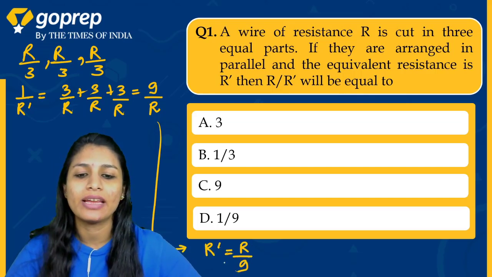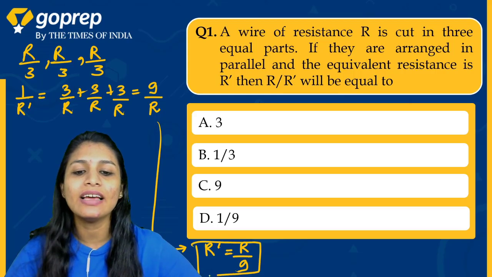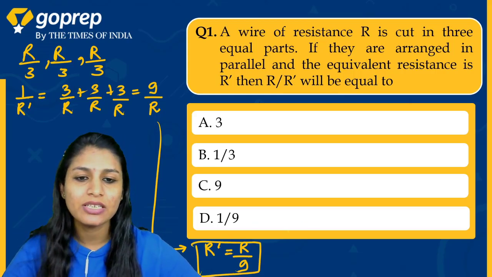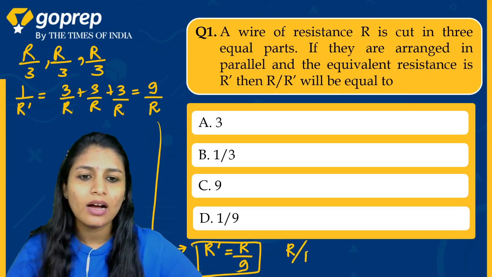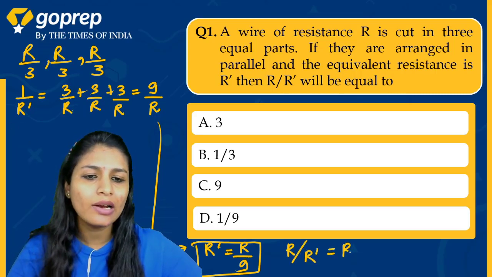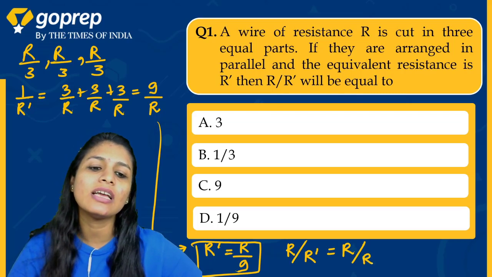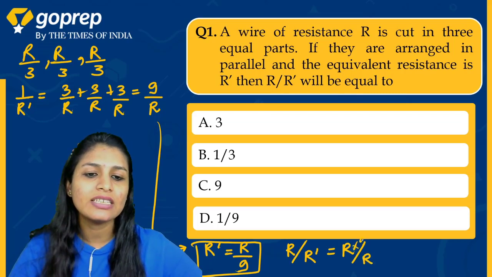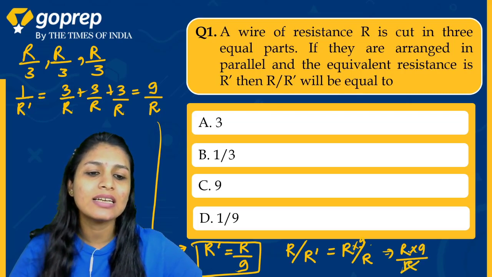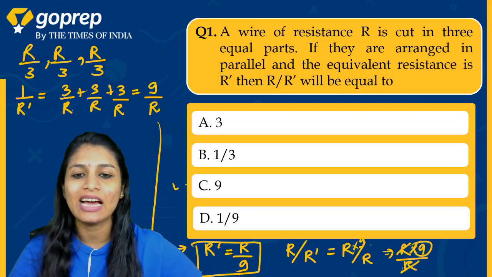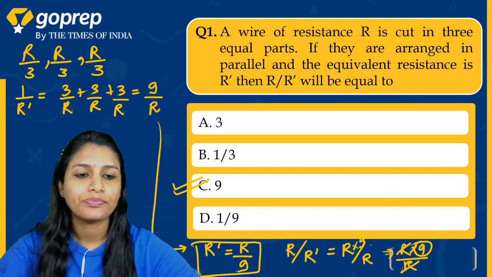R upon 9. हमें रेशियो किसका निकालना है? R upon R dash की वैल्यू कितनी? R upon 9. तो 9 चला जाएगा ऊपर, मतलब R into 9 by R से R कैंसिल, आंसर आ जाएगा 9. That is option number C.